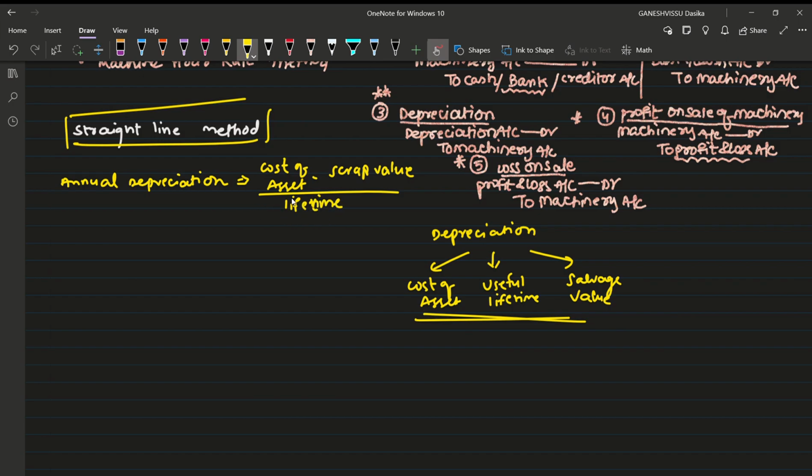The amount of depreciation which we are going to charge here is based on the cost of the asset, and any expenditure incurred for bringing such asset into its current location and condition, we are going to add to the cost of the asset.